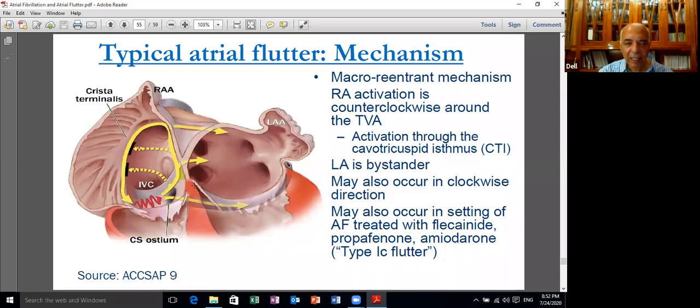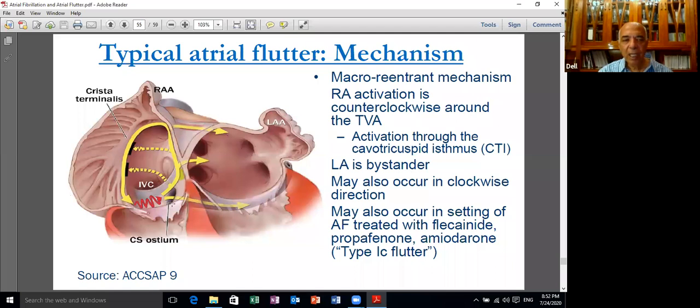If it hits the tail of the previous wave, it extinguishes the circuit. It stops. So you have to have a slow zone. And this slow zone is a key factor in treating the re-entry. If you ablate the slow zone, then you extinguish the circuit.